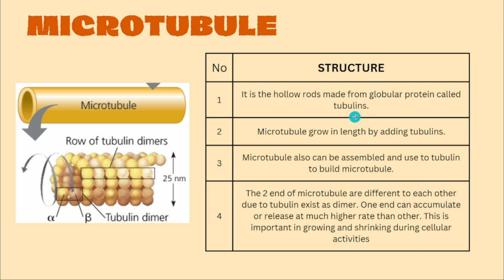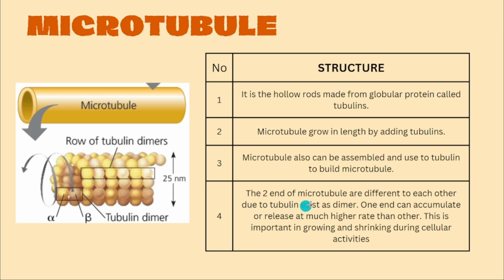So tubulin is the protein molecule. When many tubulin proteins are joined together, they will form the microtubule fiber. Normally this microtubule will grow in length by adding many tubulin. It can also be assembled, using tubulin to build microtubule.